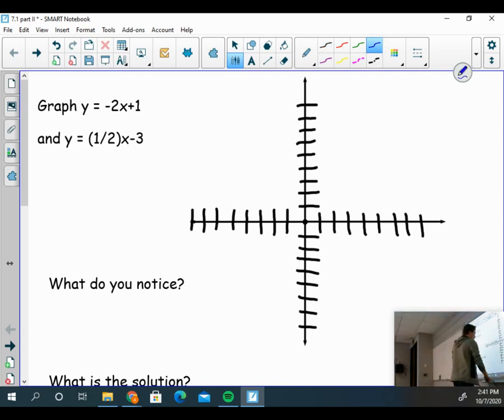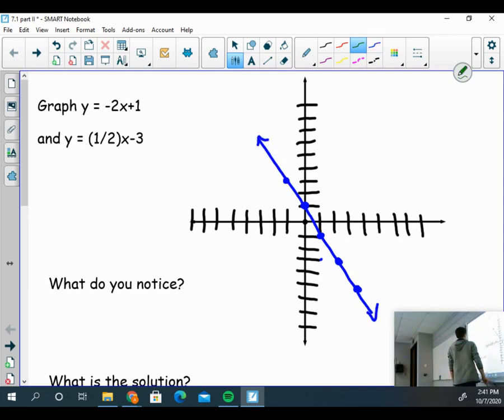Well, if I plot my first one, I put a dot at +1. I go down 2 over 1, down 2 over 1, down 2 over 1. Maybe go up 2 over 1, or up 2 left 1. Connect them with my blue line.